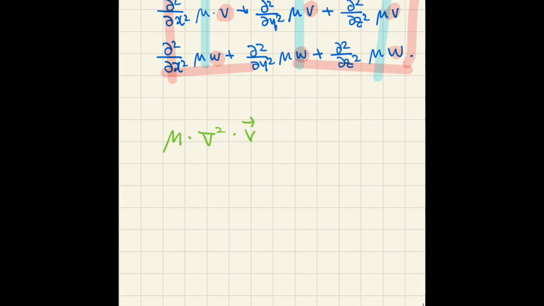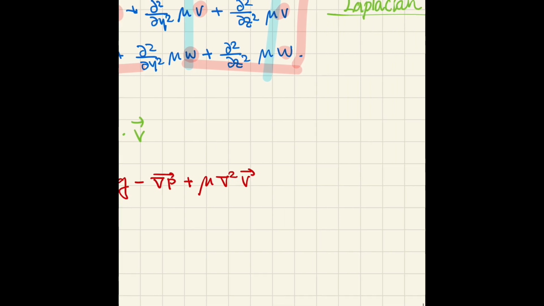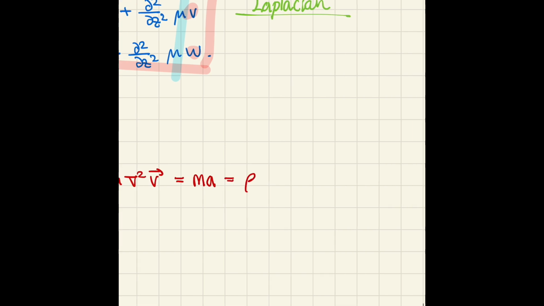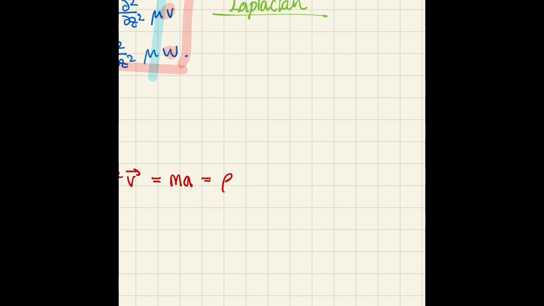We're rewriting all the equations. We know that this is the sum of the forces, which are rho g minus the pressure plus what we just found, this summation equals ma, which is Newton's second law, which also equals rho times partial v partial t plus velocity times this velocity.